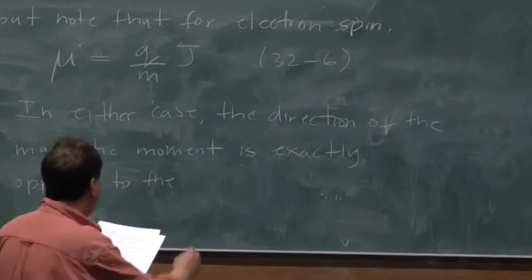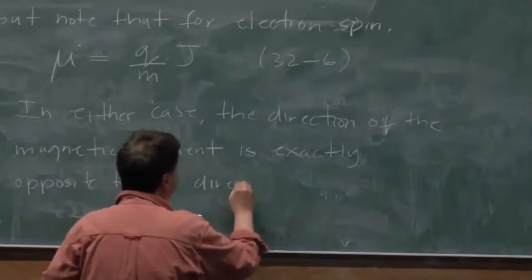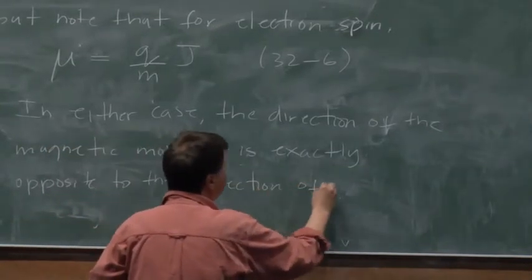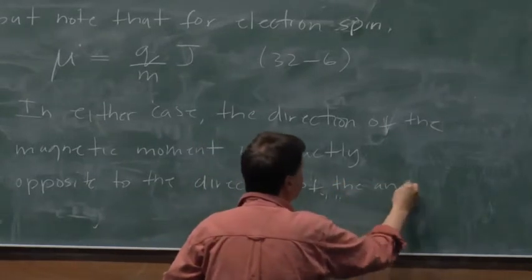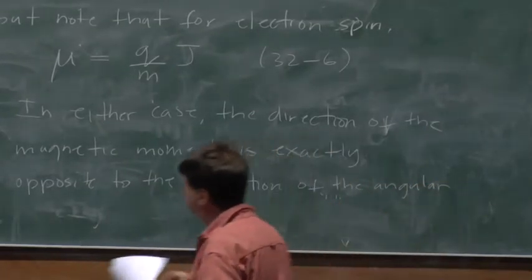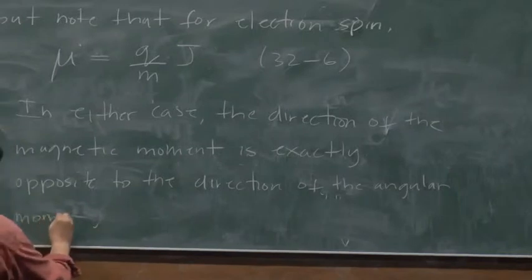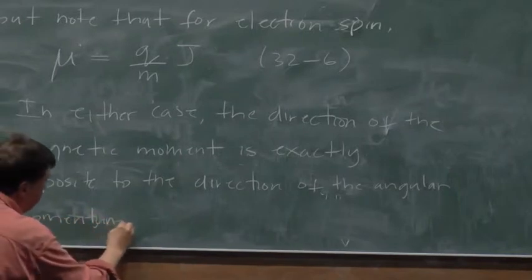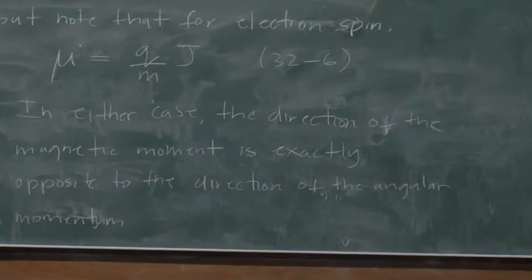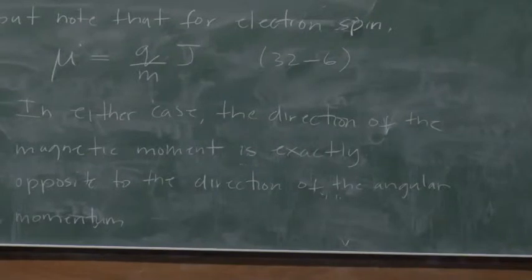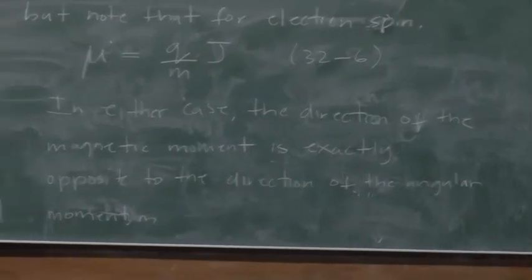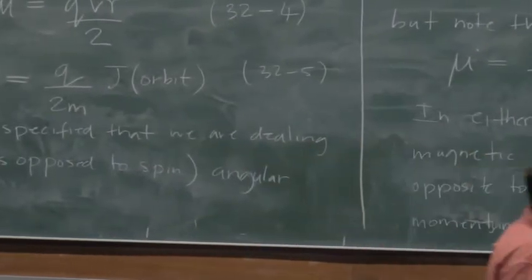It is exactly opposite to the direction of the angular momentum. So if we consider the electron just to be circulating in an orbit like in a Bohr model, we do get this relationship between the magnetic moment and the orbital angular momentum. So at least that's taken us some of the way.